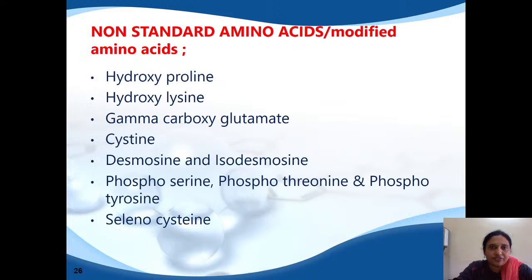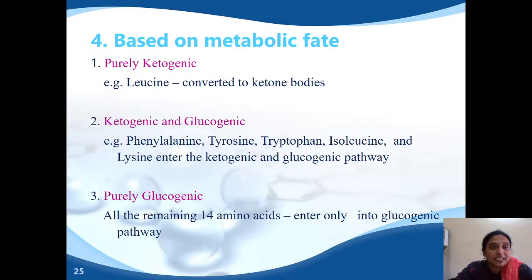Then coming to the fourth classification, that is based on the metabolic fate. Proteins are digested or hydrolyzed to amino acids. Once amino acids enter your blood circulation, they may undergo further catabolism.